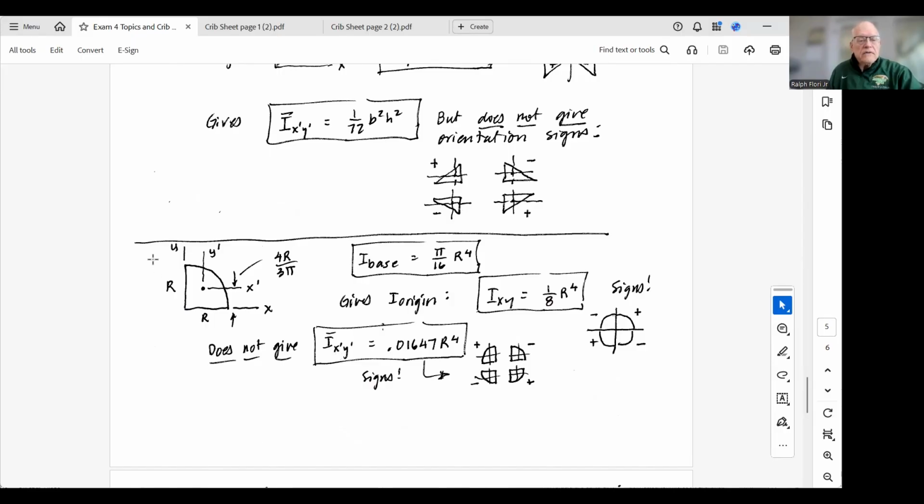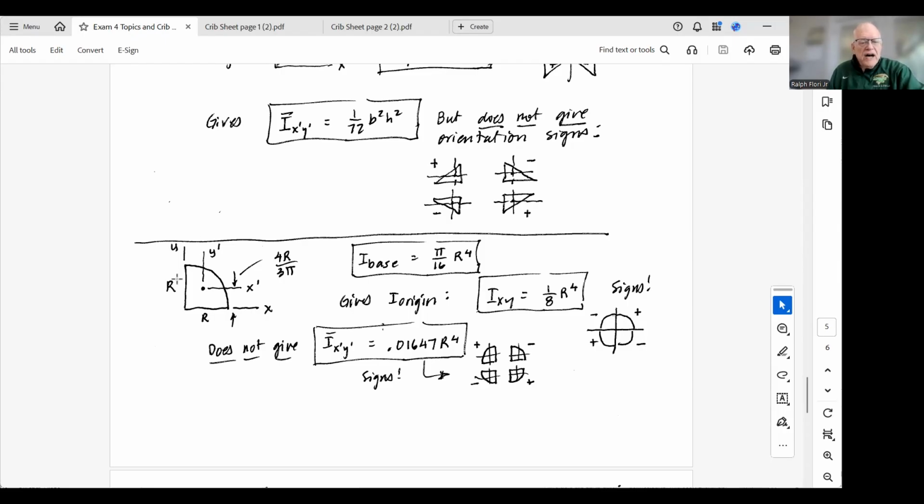On the quarter circle, he gives an I base, which is pi over 16 r to the fourth. He gives a product of inertia about the XY axis, which again I call an I origin form of IXY, and that's 1/8 r to the fourth. He does not give you the signs for this. If you use the I origin form of IXY, quadrant 1 is positive, quadrant 2 is negative, quadrant 3 is positive, quadrant 4 is negative.